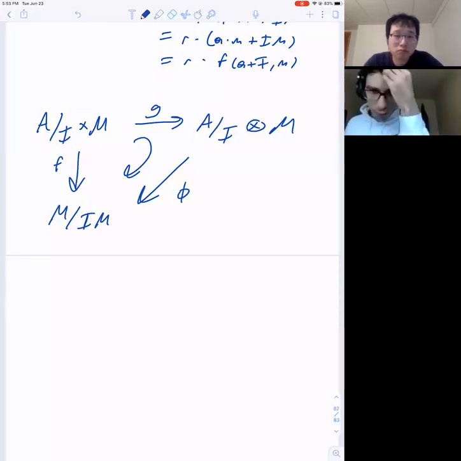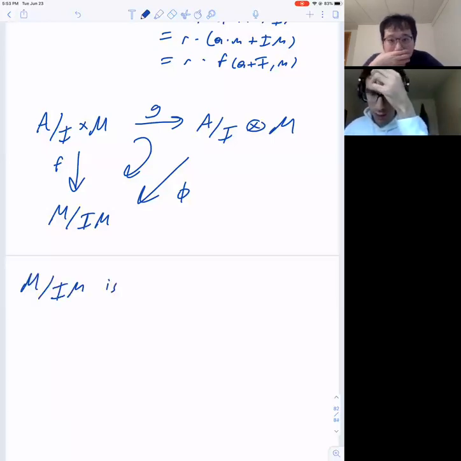So what is left to prove is that what we have is that A mod I tensor M is the universal object that factors through the tensor product.